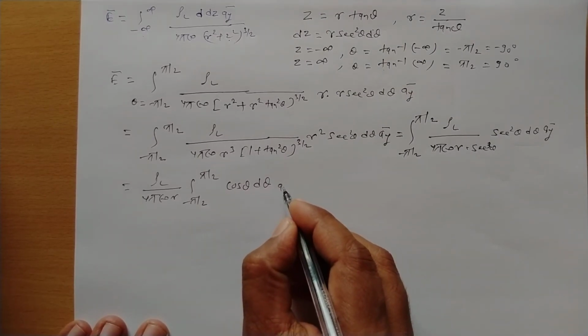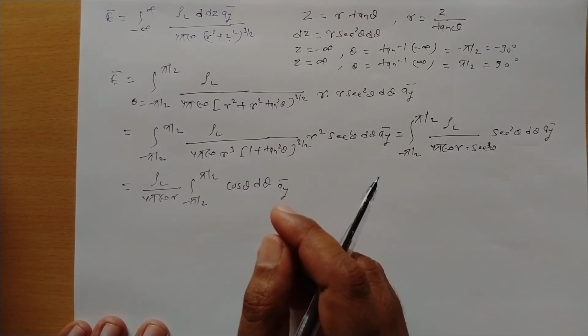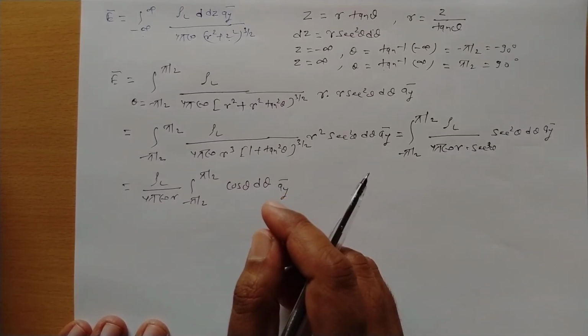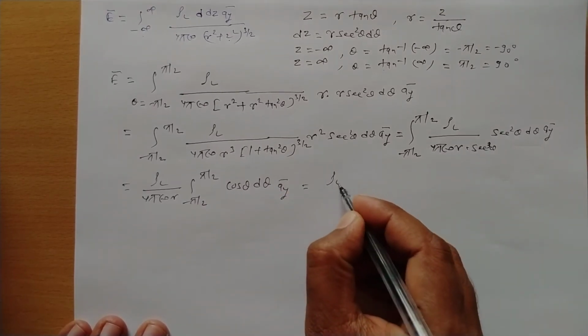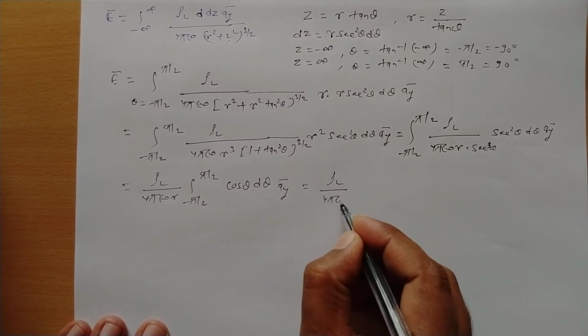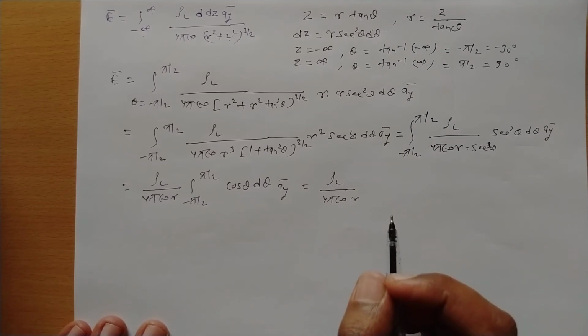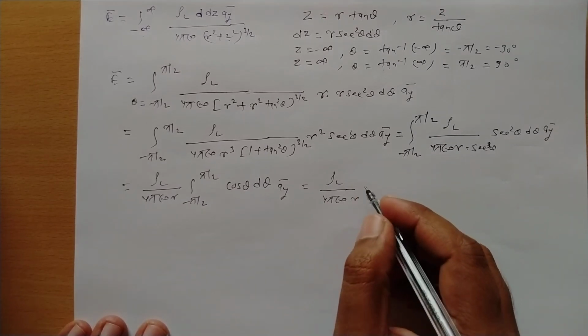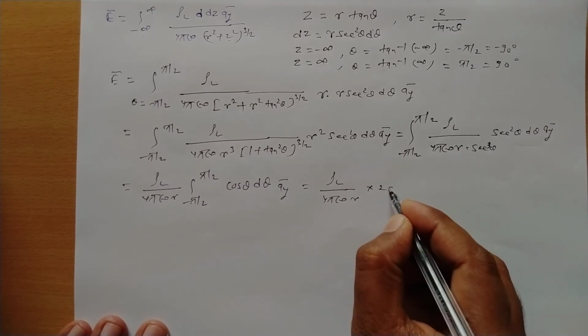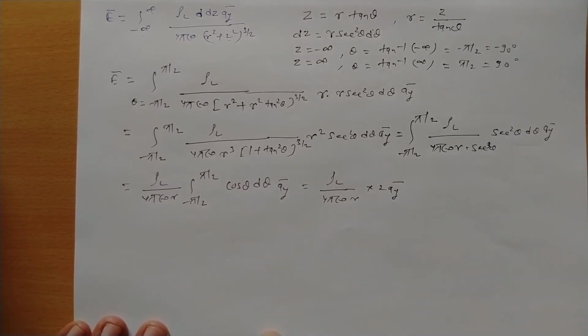with the ay unit vector, right? And further we solve this, so we get rho L upon 4 pi epsilon naught r, and as you further solve this, I'm directly writing, this becomes 2 ay, okay?